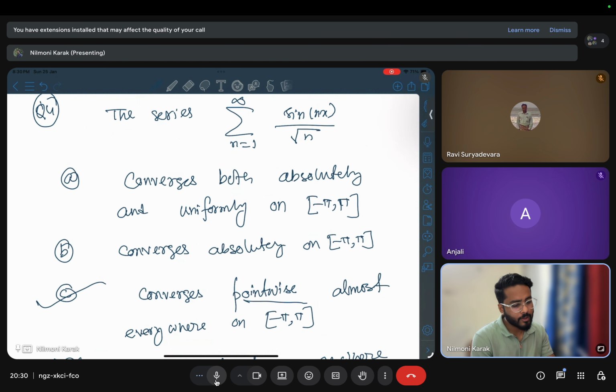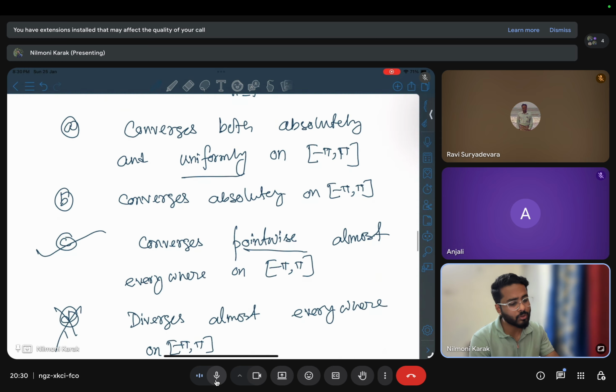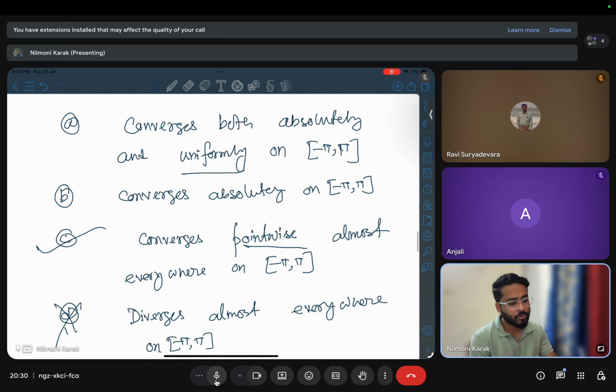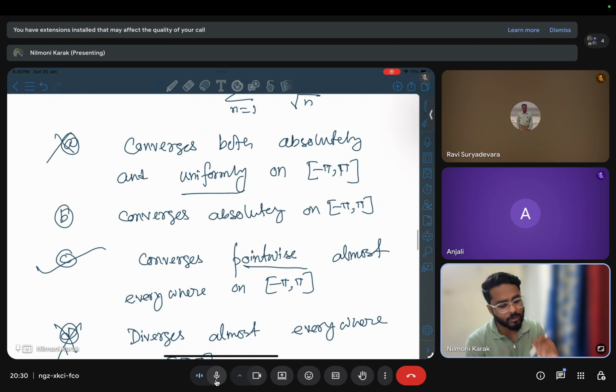And for these, not uniformly, because not absolutely also, because 0 is the problematic point. At one point this series is not converged, so this is not true, but how to conclude this?